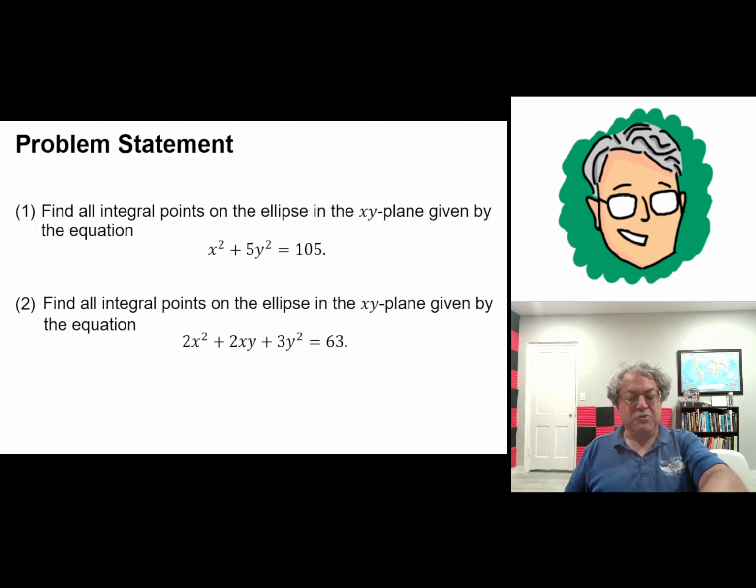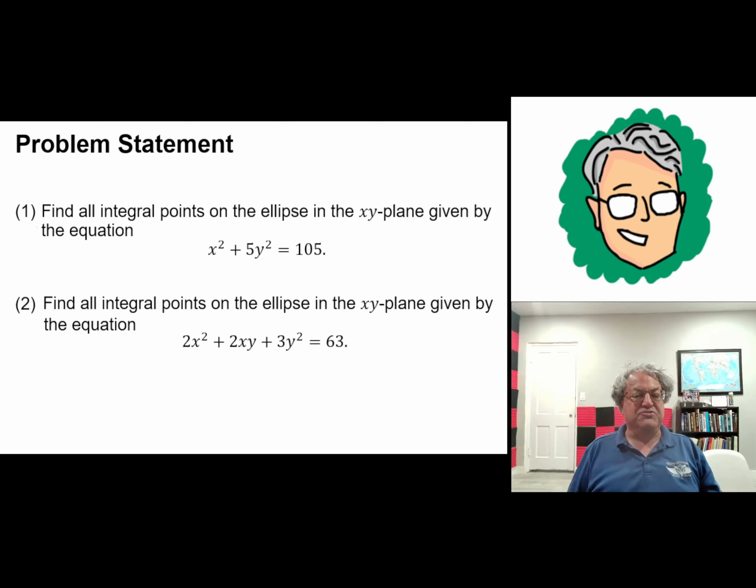This is closely related to another problem I posted. I think my previous problem on this channel was to show that whenever x squared plus 5y squared is prime, it's always either 5 or congruent to 1 or 9 modulo 20.